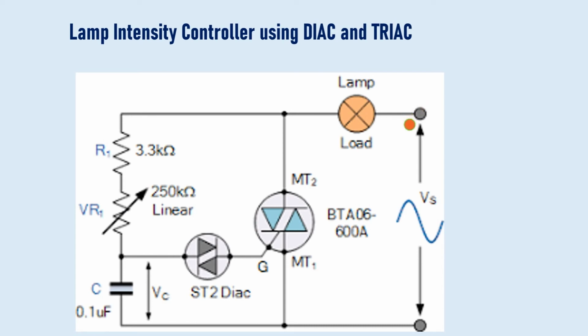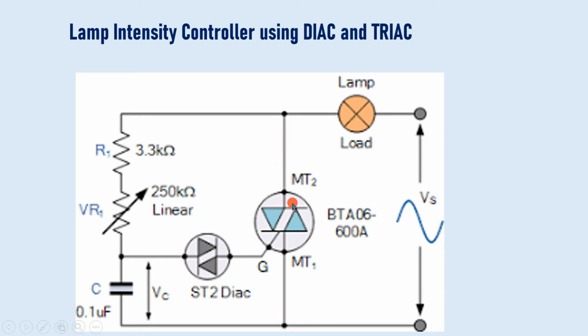See here, this is one terminal where VS is the AC source, and this is the lamp that works as a load, and we wish to control the power from this to this lamp. And how is it controlled from this point to this point?